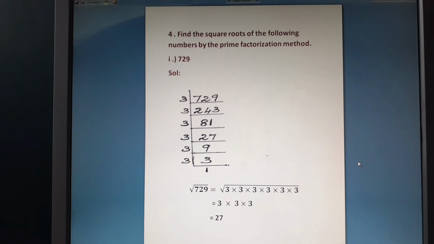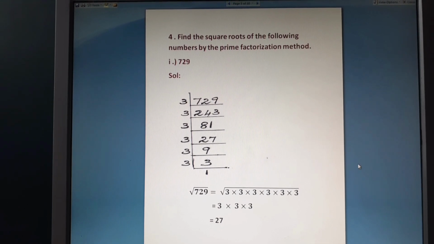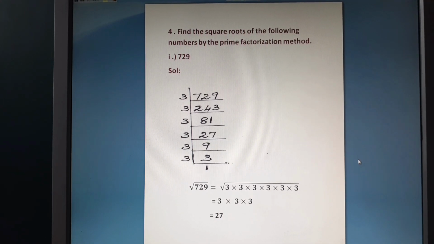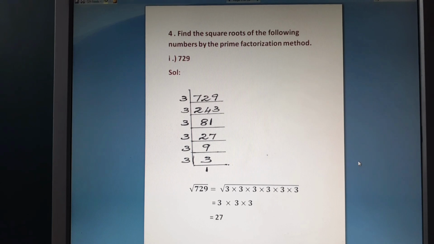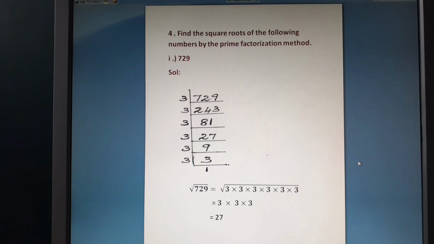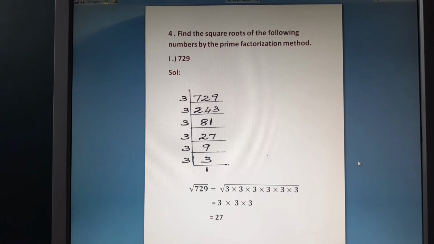First, see the prime factorization method. See the division. Here 729 by 3 is 243. 243 by 3 is 81. 81 by 3 is 27. 27 by 3 is 9. 9 by 3 is 3. 3 by 3 is 1.